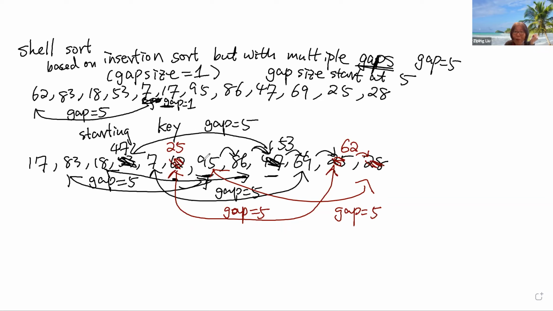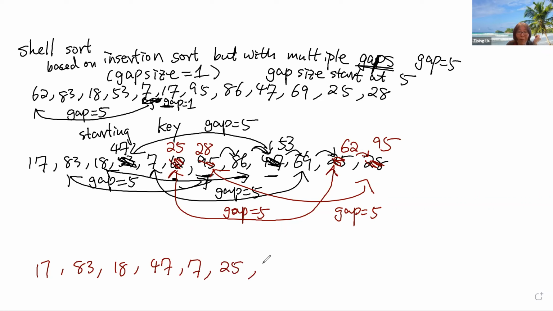Is it in the right place? It's not. So swap 28 and 95. Let me clear it. After this we have 17, then 83, 18, 47, 7, 25, 28, 86, then 53, 69, 62, 95.